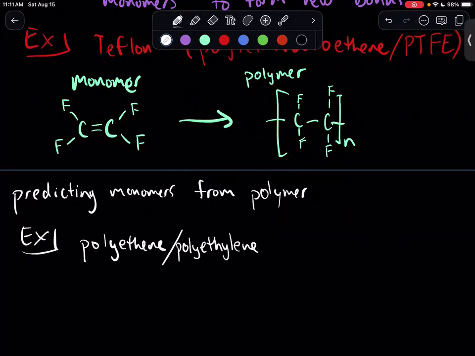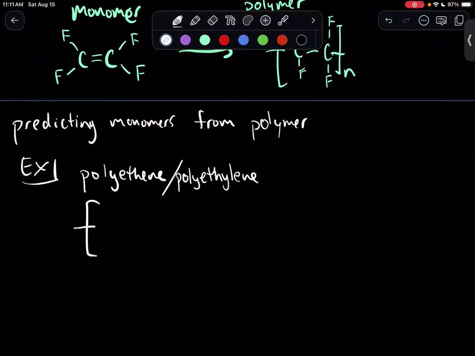The commercial names add that yl, representing like an alcohol almost. And we know that our polymer for this is just carbon-carbon with their hydrogens. But we know the monomer is nothing but ethene. And so you should be able to do that.